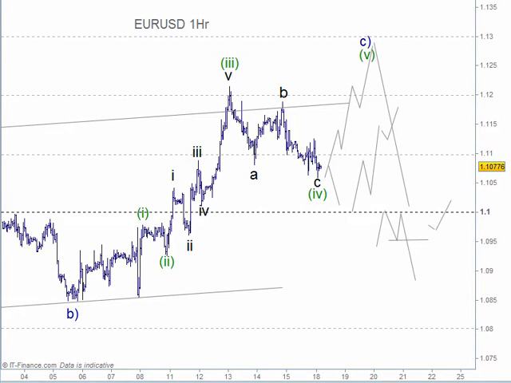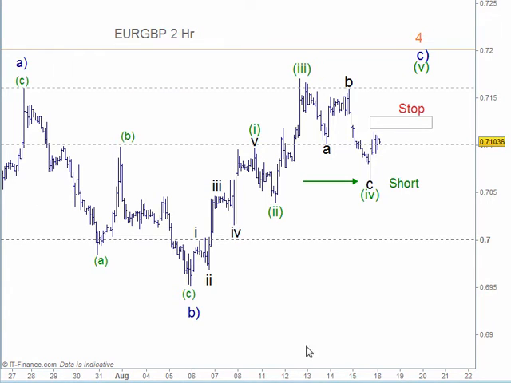Okay, the next market is the euro pound, and it's the same situation here as well. It's possible that a top could be in play, or we're looking at an A and a B and a C for wave 4 here. So if this is a wave 4 here, then we'll see the market not take out that low. It would push up here.